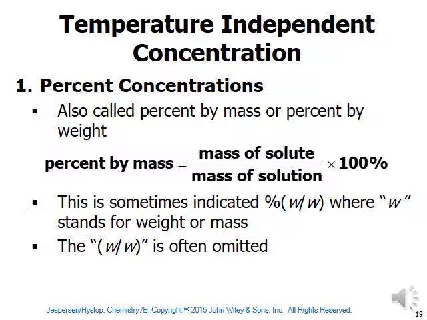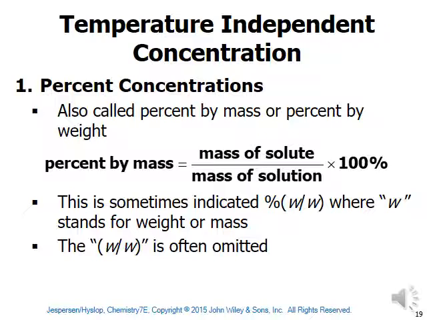Okay, the first one is percent concentration, also called percent mass, percent by mass, or percent by weight. It's percent by mass equals mass of the solute divided by the mass of the solution. If you heat this up, the solution is still going to have the same amount of solute in solution.